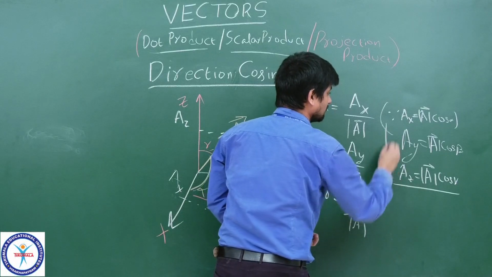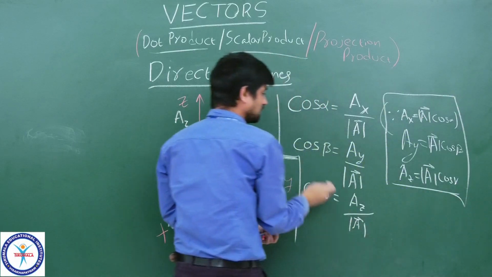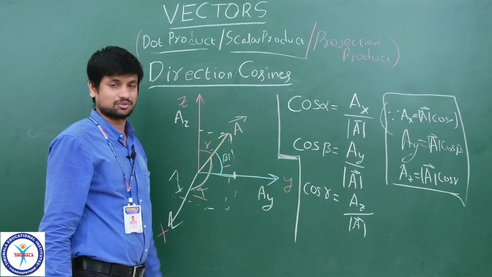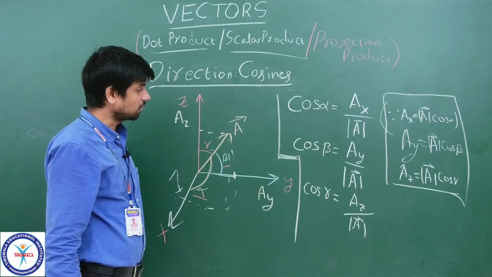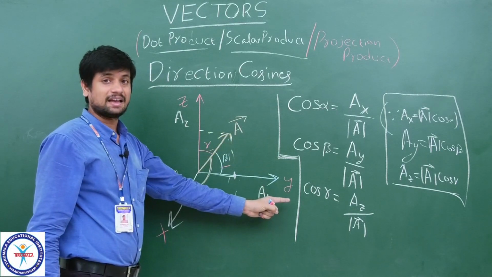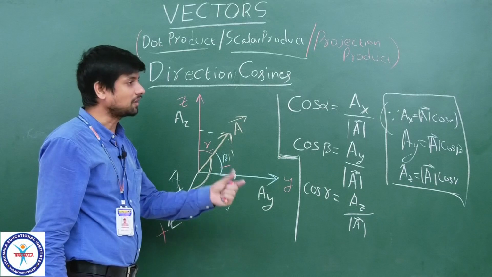From this I have written in the form of cos alpha, cos beta, cos gamma. So those are the values. Now we are going to take squares of these cosines and sum them. So what will be the answer?